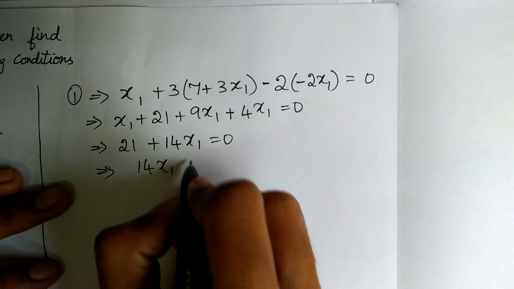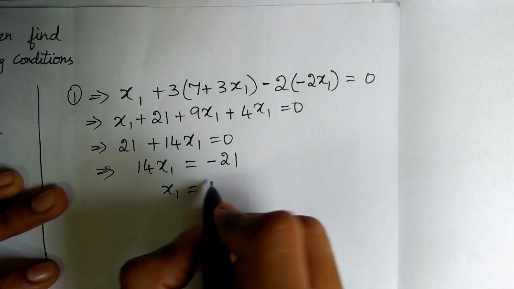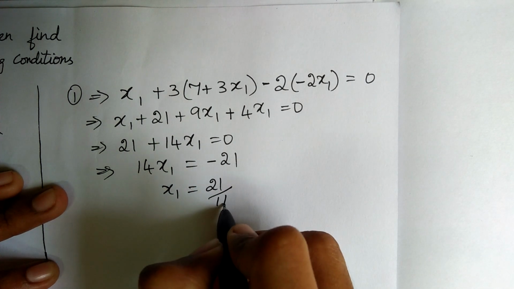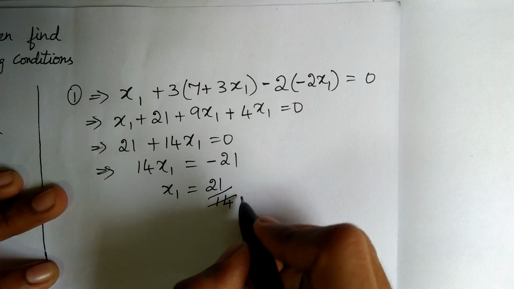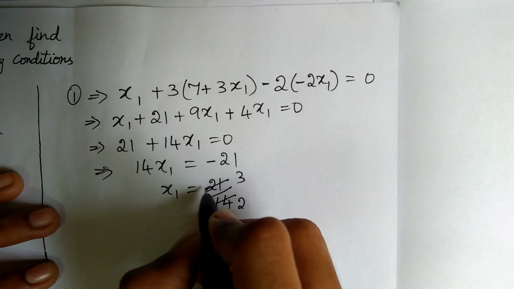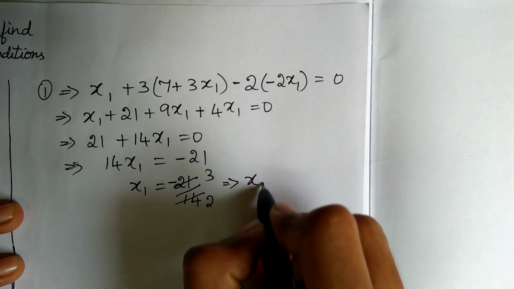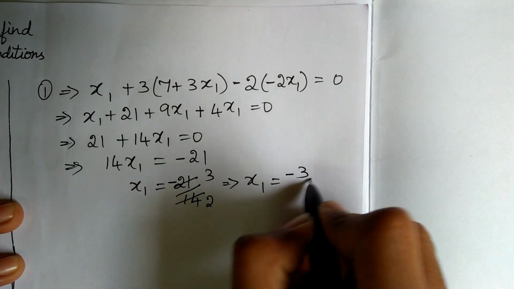Now 14x1 is equal to minus 21. Therefore x1 is equal to minus 21 by 14. It can be simplified as 2 sevens are 14, 3 sevens are 21. Therefore the value of x1 is equal to minus 3 by 2.